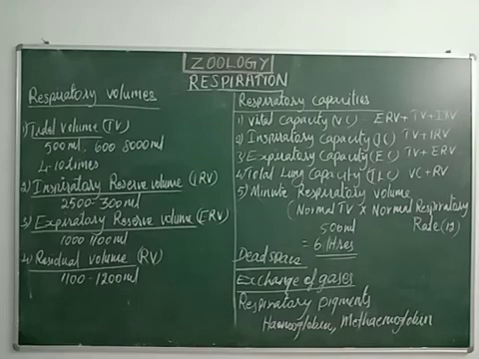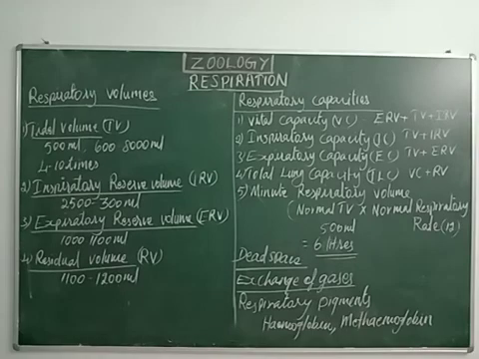Then, see, already I told you, oxygen is entering from the alveoli to the blood and the blood carries this oxygen to the tissues, and the carbon dioxide enters the blood from the tissues, and this blood carries the carbon dioxide to the alveoli. From the alveoli, the carbon dioxide is eliminated to the outside of the body.